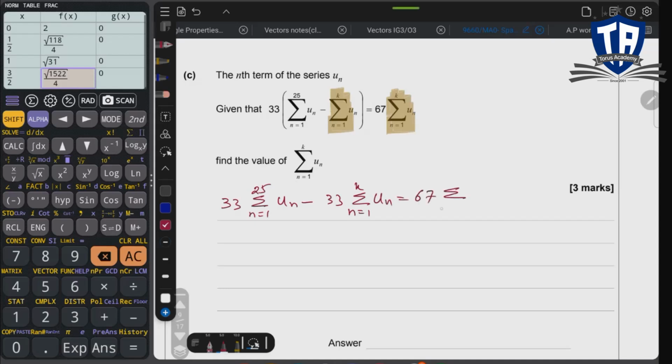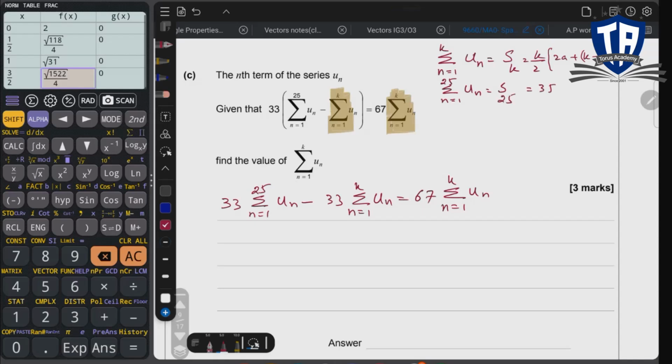Whenever you have a summation which varies from 1 to k and the nth term is un, basically you can write it as the sum of the series Sk, and its formula would be k over 2 times 2a plus k minus 1 into d. When it says n varies from 1 to 25 of the nth term, it means it is S25. And in the question, it is mentioned that the sum of the first 25 terms was 3500.